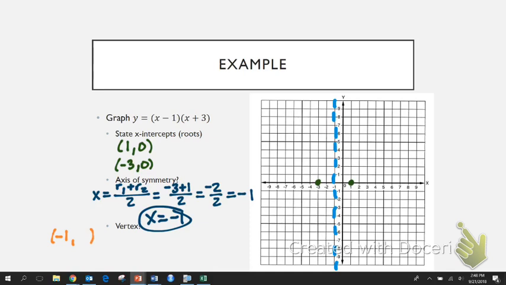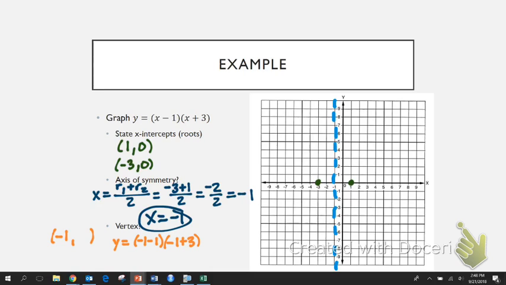So if I know the x value is -1, and I have an equation to find the y value that goes with it, I just need to plug in -1 everywhere I see an x, and then when I solve this out, I'm going to get the y value of the vertex. So to find the vertex, the x value of the vertex is the axis of symmetry.